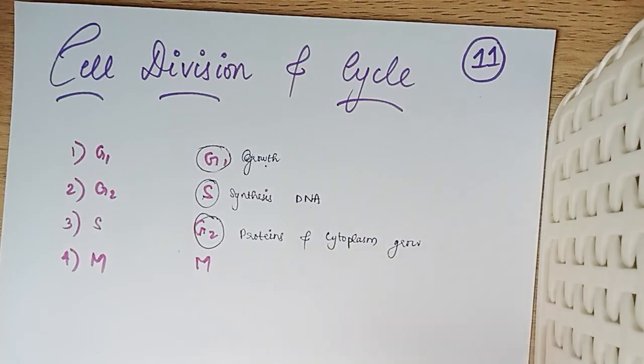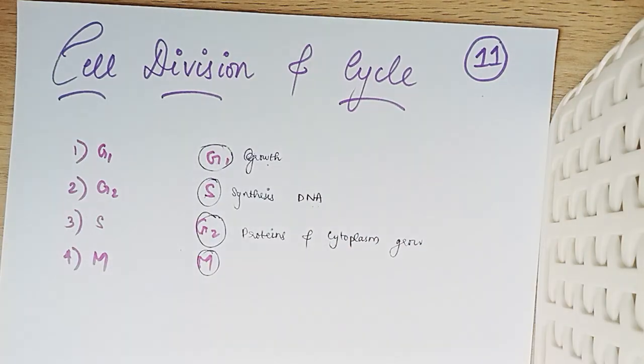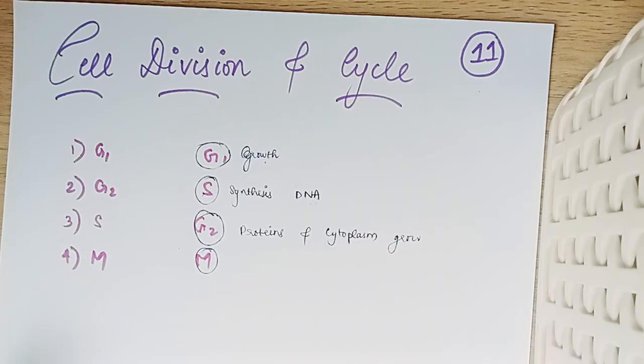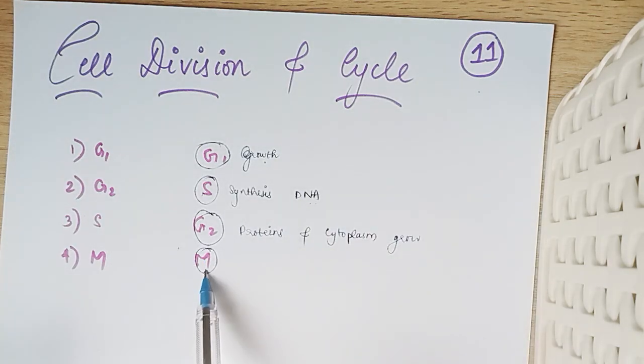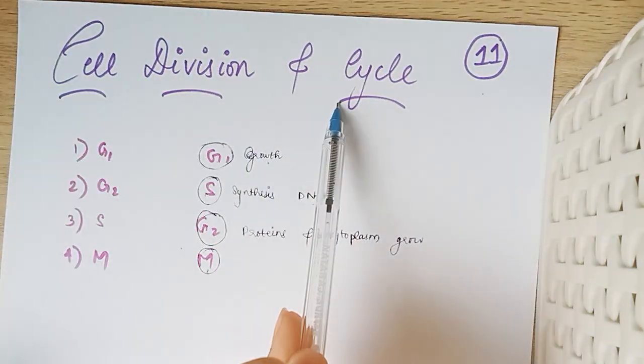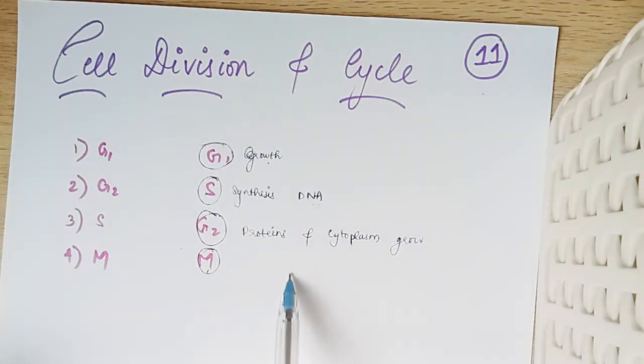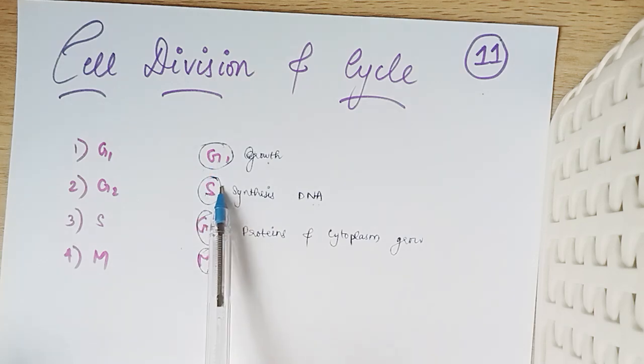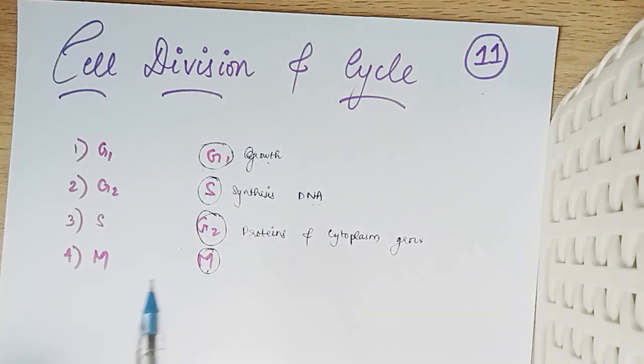It continues growing until the cell enters the mitotic phase. So what is mitotic phase or M phase? During the mitotic phase, cell division happens. So cell cycle is the combination of G1 phase, S phase, G2 phase and mitotic phase.